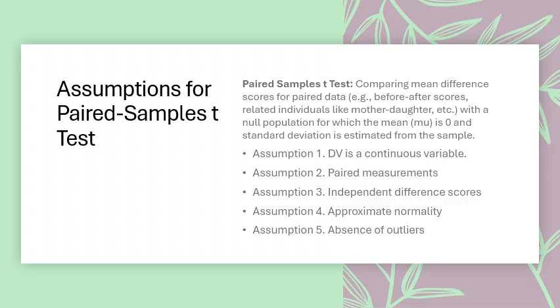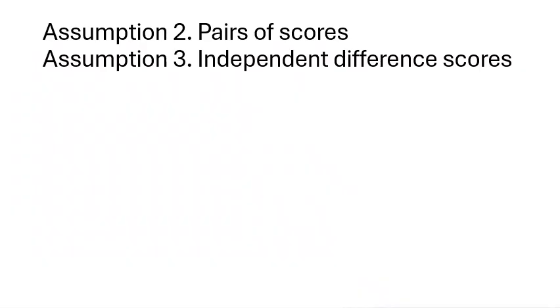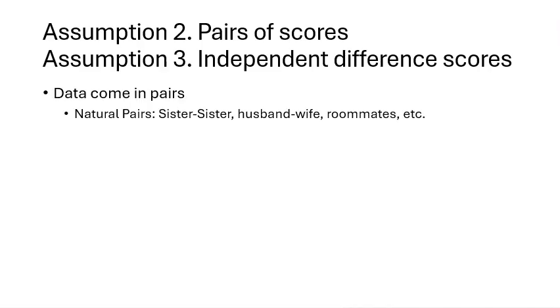So you'll recognize a lot of these. So assumption 1 we've already discussed, but assumptions 2 and 3 look a little different in this test. So assumption 2, we have pairs of scores. So that just means these data come in pairs. We talked about natural pairs like two sisters or husband-wife or two roommates, but each person is systematically connected to another individual in this example.